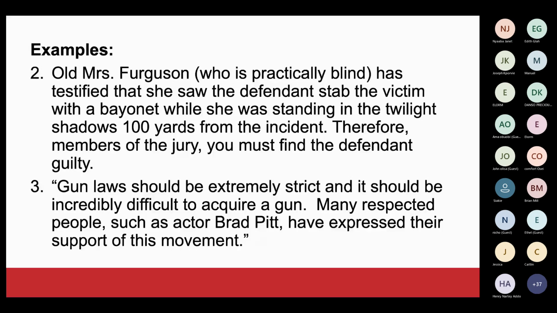How can somebody who is practically blind see a crime to such an extent that he stands about a particular distance away from the crime scene and is able to detect it? So that person is not the right authority to cite.